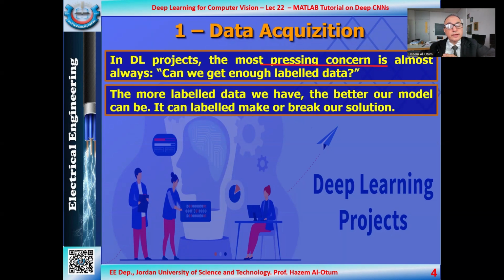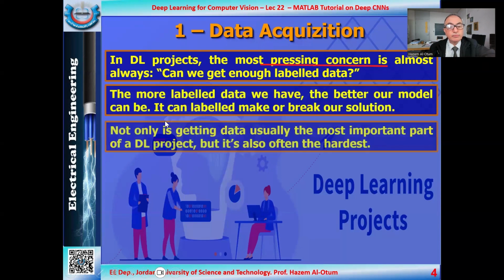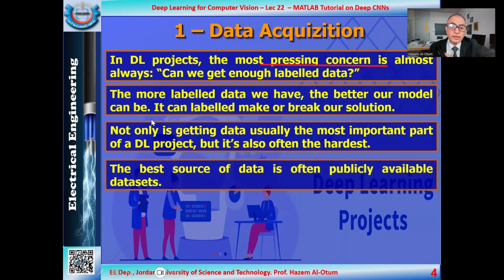And this will give us a smooth and marvelous performance regarding the accuracy maybe and other metrics for evaluation. In fact, this represents a very hard work for deep learning, and it's the main concern in deep learning networks to prepare a good data set.